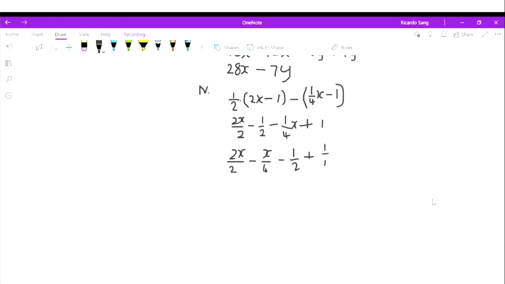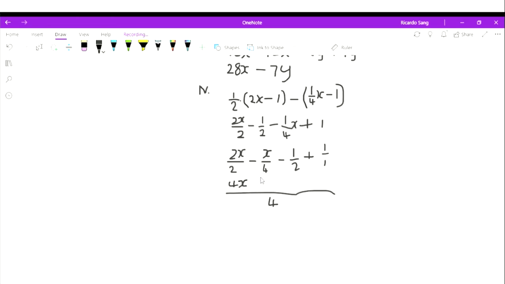Alright, so let's work this out. First, you want to find the LCM. The LCM is 4. 2 into 4 goes 2 times, 2 times 2 is 4.